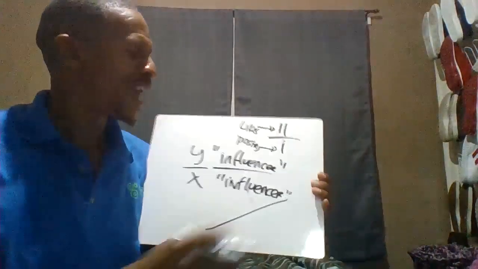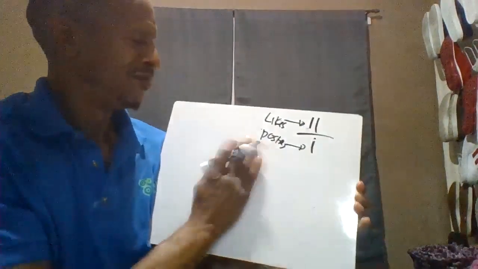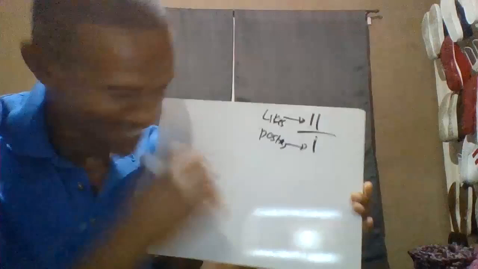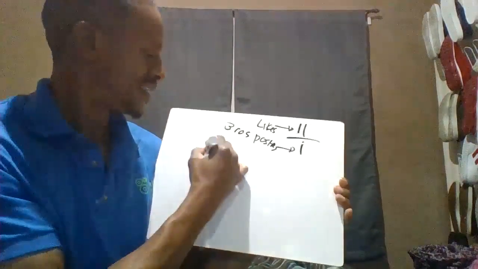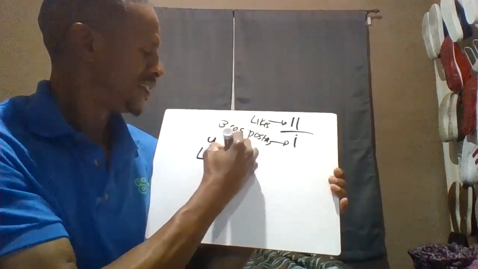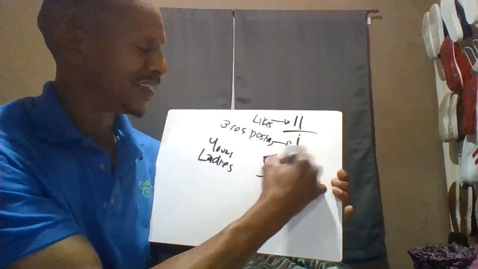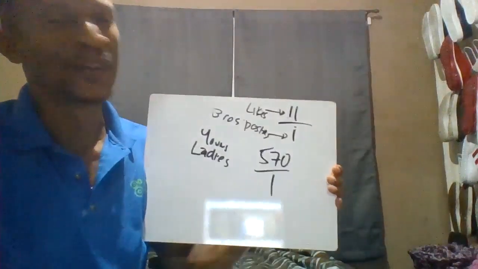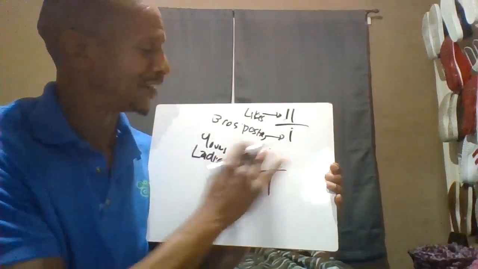All right. So now let's look at the young ladies. In real life, a real ratio, because it's the bros, okay, let's say the young ladies here. No, I'm playing. But girls get a lot more likes than guys.